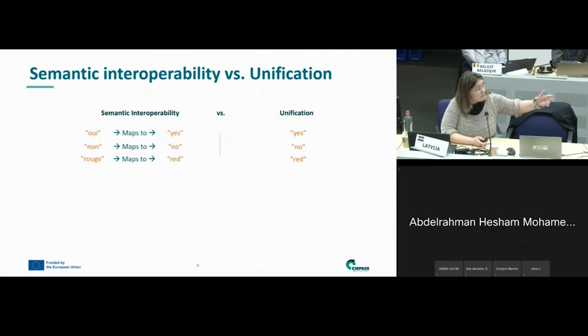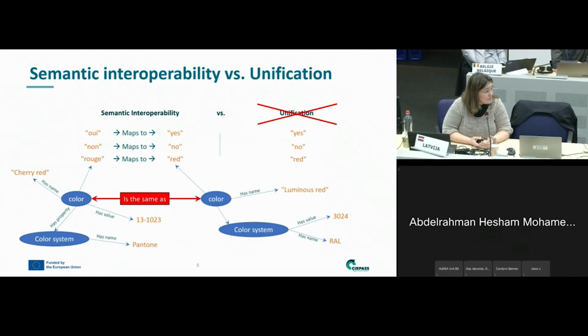So if we take the example rouge maps to red, well, semantic interoperability assumes that I'm able to say that the color red is an instance of a concept that is defined as color. Okay. And I can say that one color has a name, it's called cherry red, and is defined as a value 13-1023 in the Pantone color system.